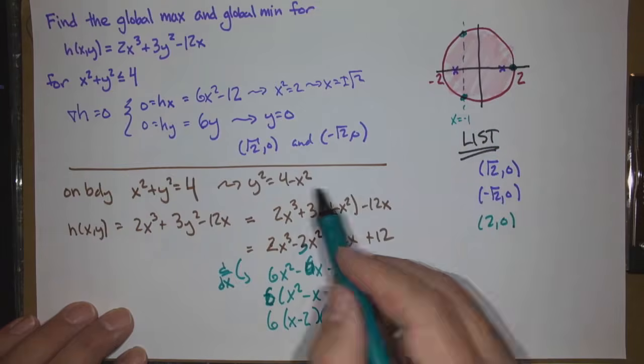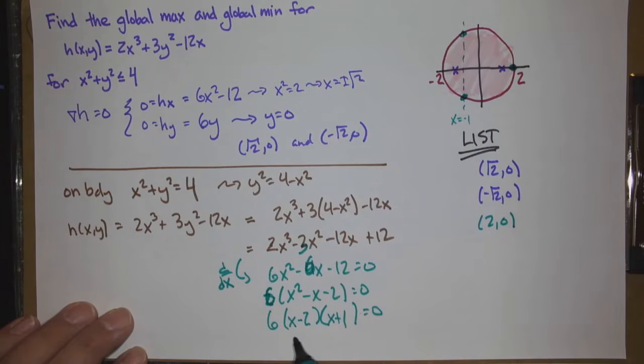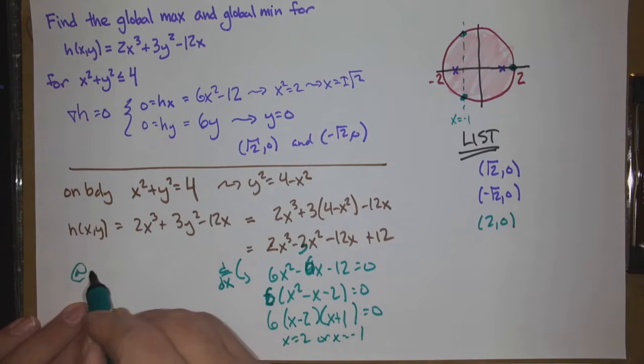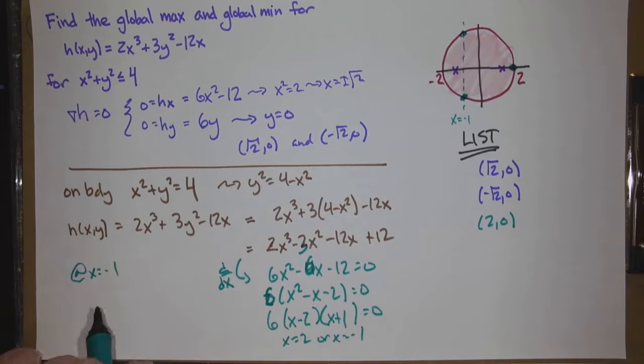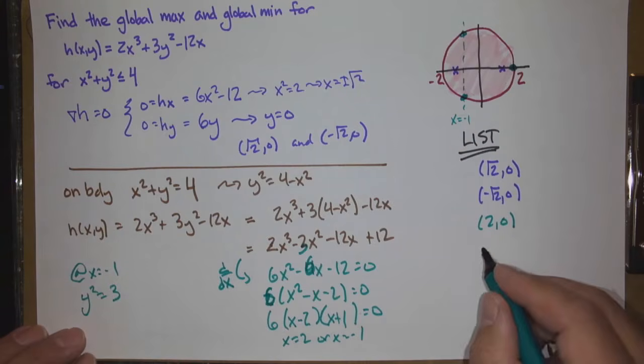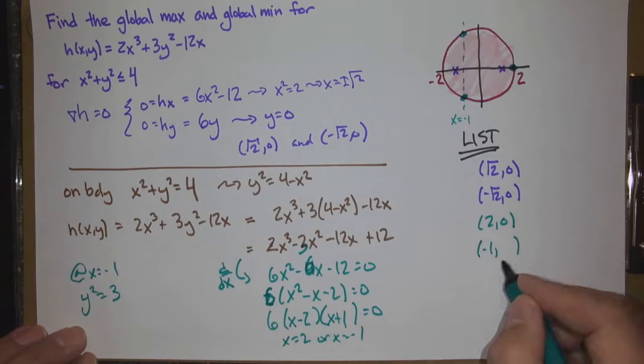Because y squared is 4 minus x squared. So x equals 2 or x equals negative 1. At x equals negative 1, there's a punchline here. So wait till you hear the punchline, because this is a good punchline. Y squared is 3. So what is the y going to be? Plus or minus root 3.